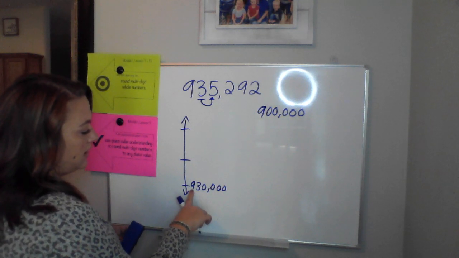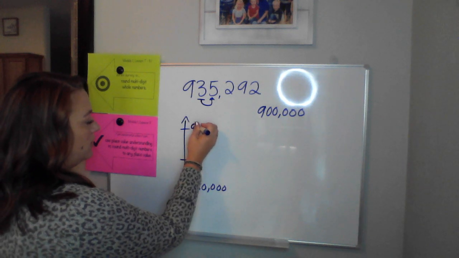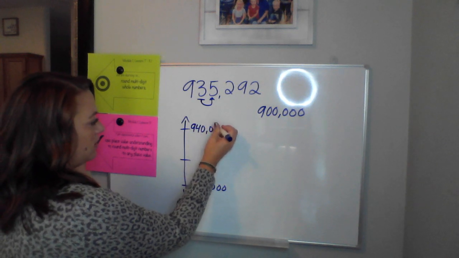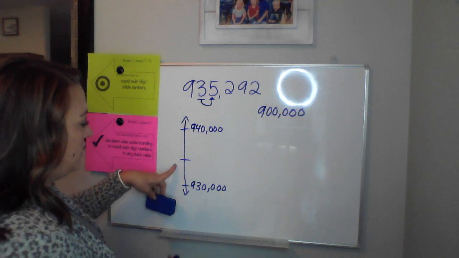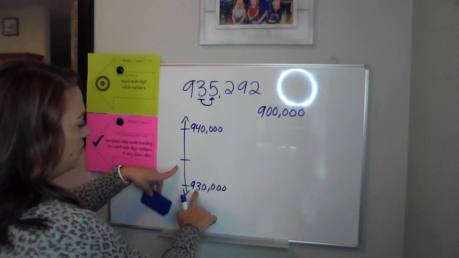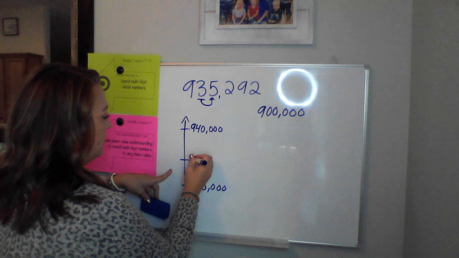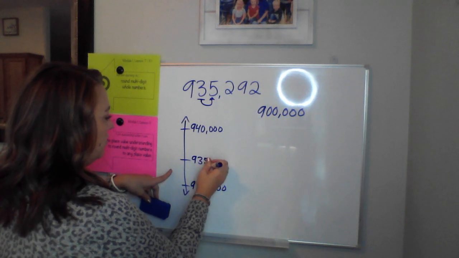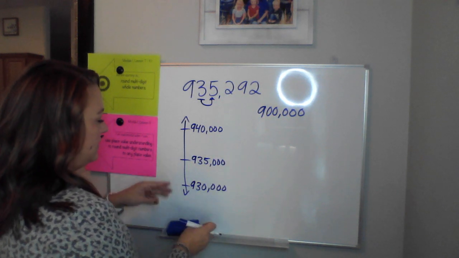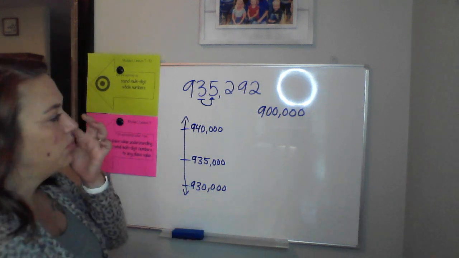One more would be 940,000. So that makes our midpoint 935,000.